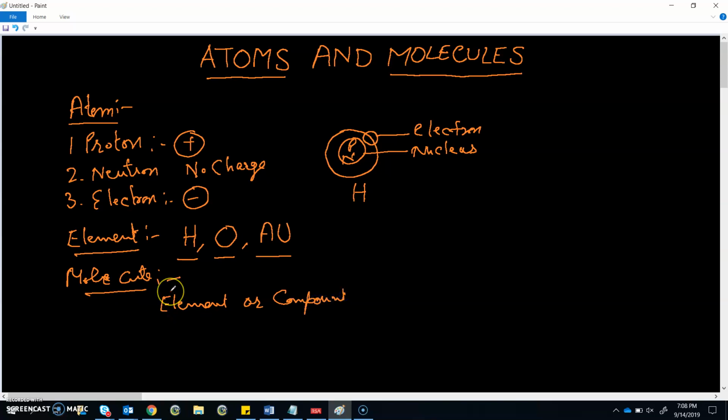If the atoms are of the same kind, we have already discussed, it is an element, and if the atoms are of different kind, this is called the compound. First we take the molecules of element.